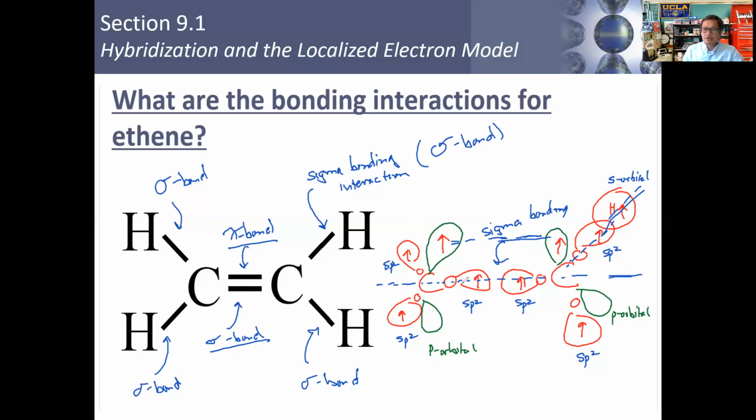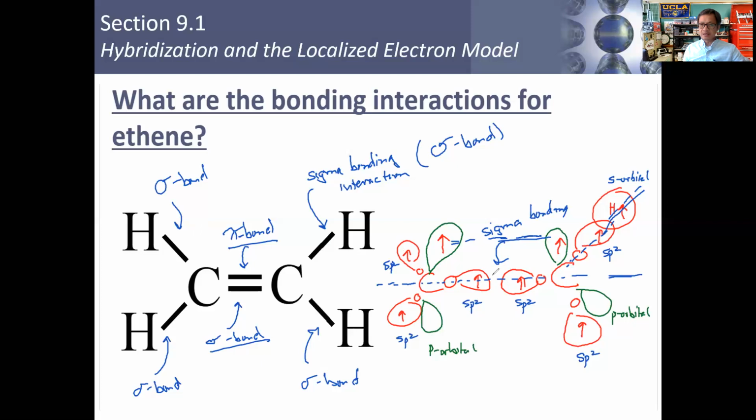Well, first of all, each carbon is going to take two of its three sp2 hybrid orbitals to interact with the hydrogens in each of these sigma bonds here. The third of those sp2 hybrid orbitals will form one of these bonds here.